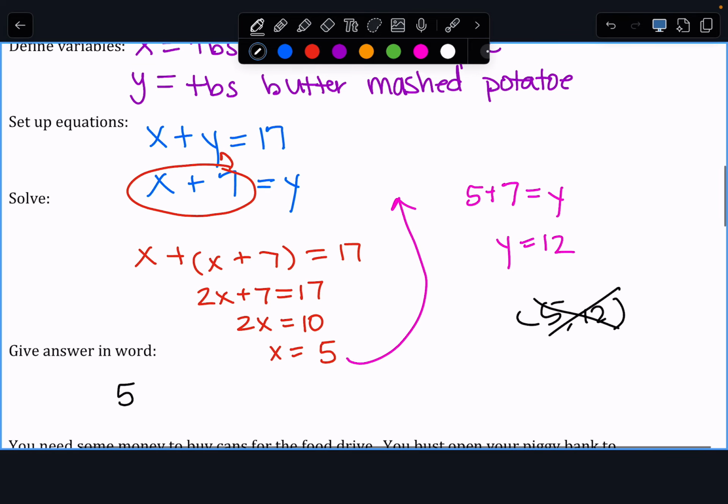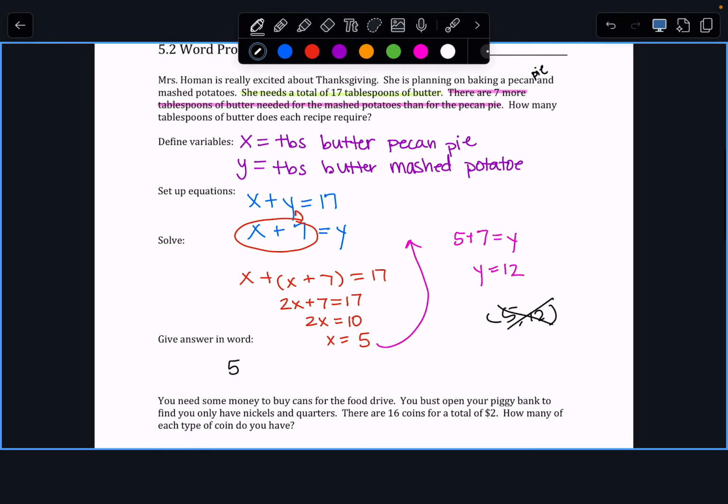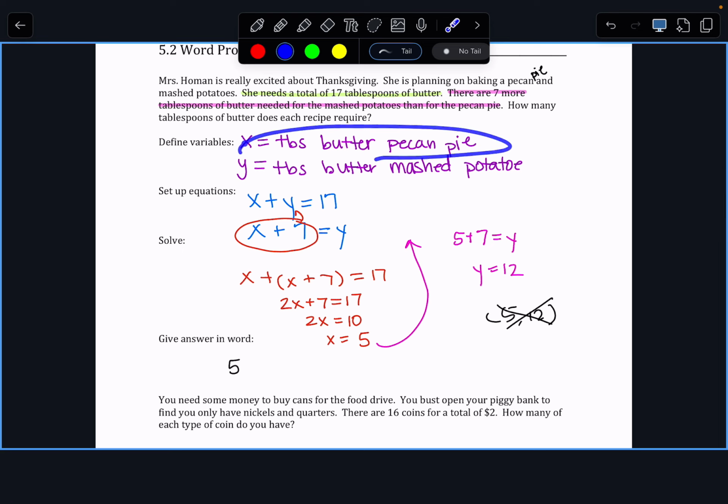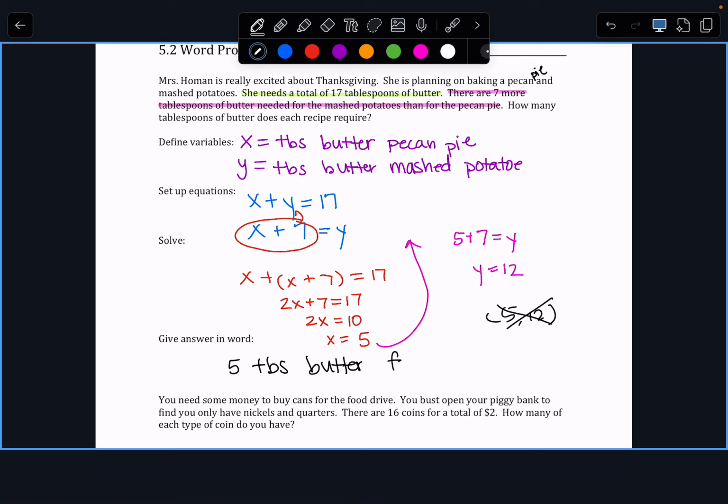What does X mean? Oh, good thing we wrote it down right here. 5 tablespoons of butter for the pecan pie and 12 tablespoons of butter for the mashed potatoes.